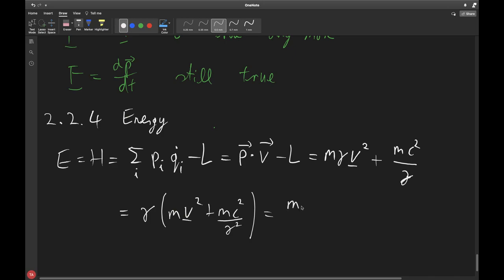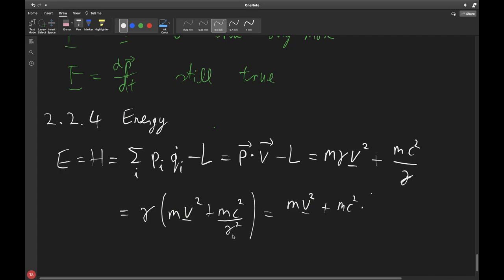So I get mv squared vector plus mc squared times the square of 1 over the square root of things.